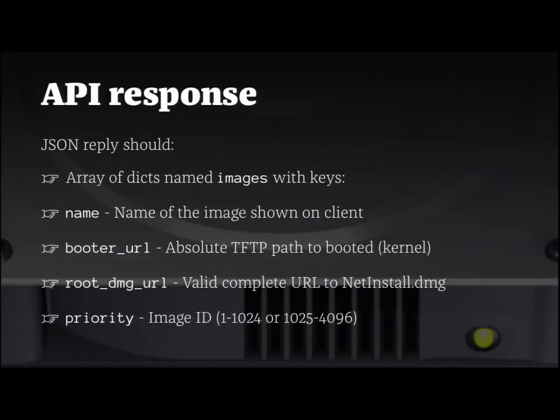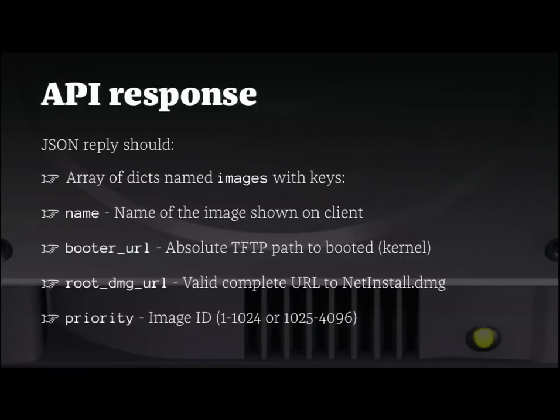If you do a lot of netbooting, you probably already noticed, but images with IDs between 1 and 1024 are meant to be used by single NetBoot server instances. And if there are more images with the same name with an ID below 1024, they will both show up.